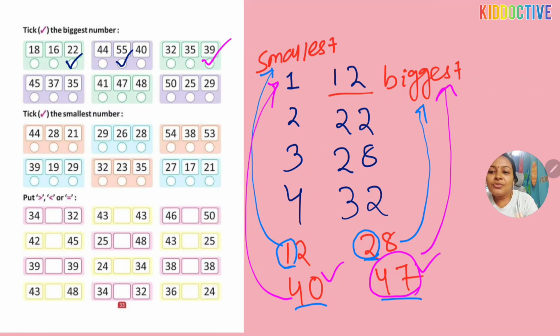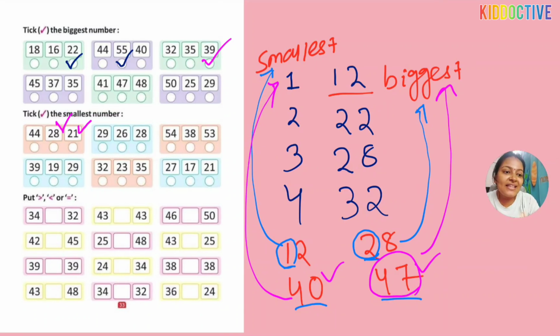Now take the smallest number 44, 28, 21. So first we are going to check the starting number, the beginning one. 2, again 2 and 4. So there are two numbers which are starting with 2. So we are going to check the next number. So the next number here is 1 and here is 8. 1 is smaller or 8 is smaller?